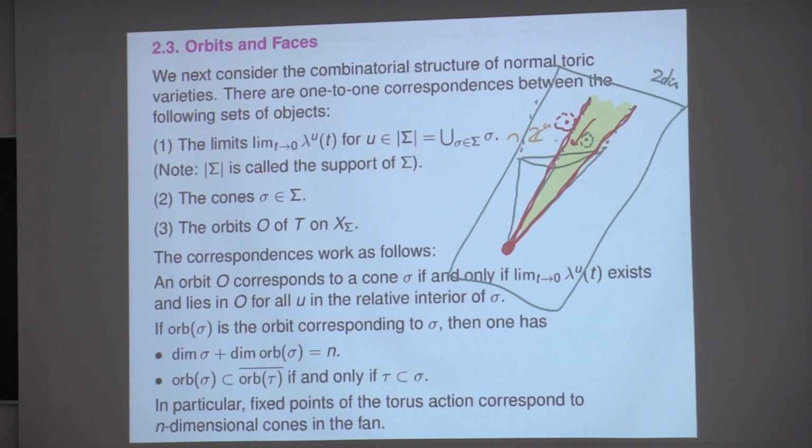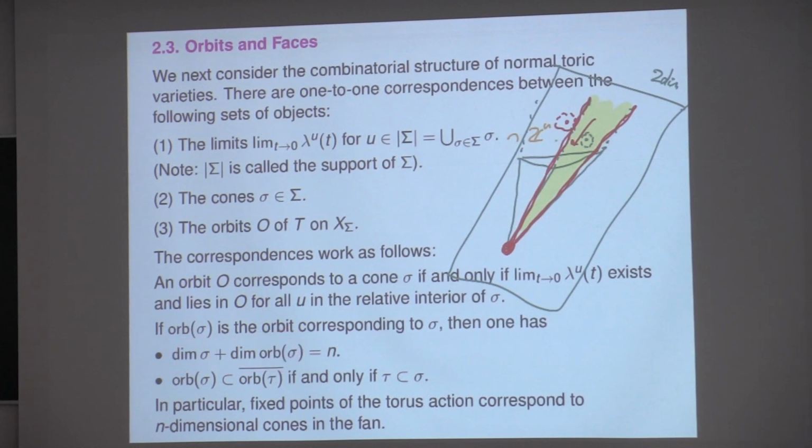And for the maximal cones, as you see below, I am using the word incorrectly here. It should not say maximal cones, because you could have a fan where the support is not convex, so maximal cones do not necessarily have dimension n. So let me say it correctly: n-dimensional cones is what I really mean. n-dimensional cones would then mean that the corresponding orbit has dimension 0.